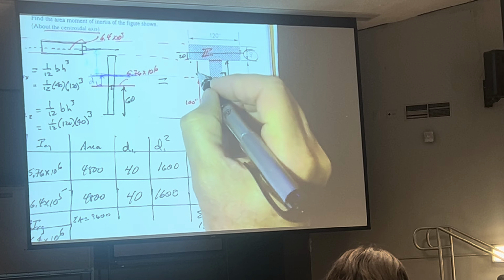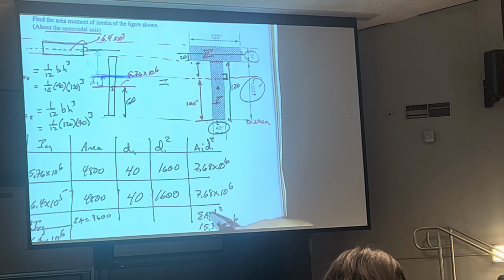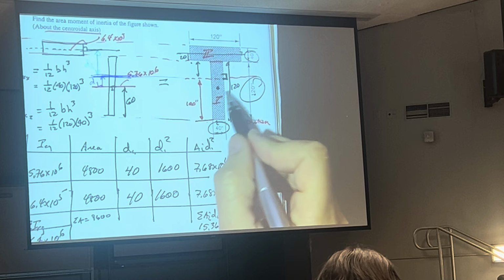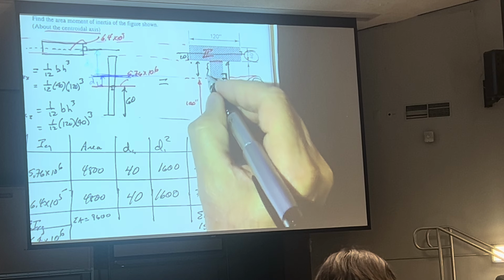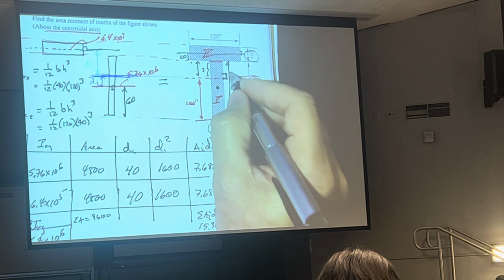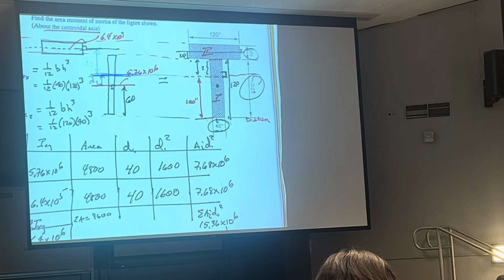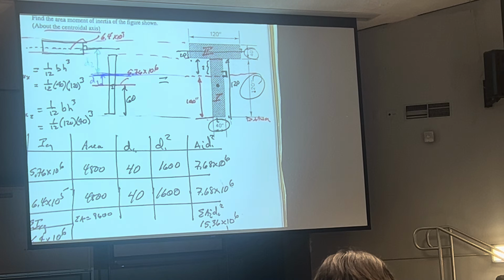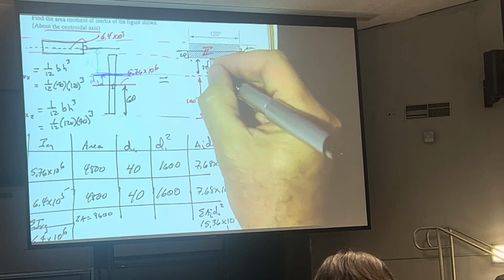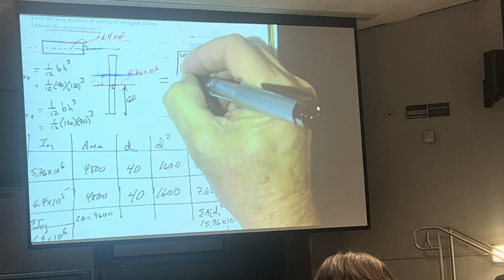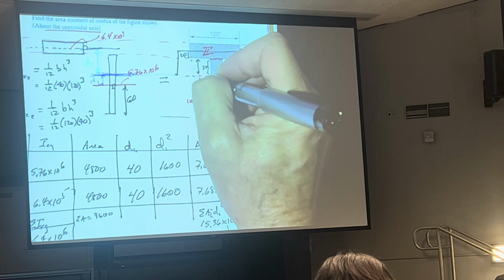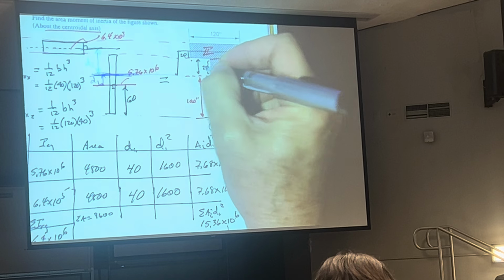This distance has to be what? Well, this is 100, that's 120. The difference is 20, plus the 20 is 40. So this is 20. So the entire distance from the axis of this to the centroid of the whole figure is 20 plus 20, which is 40.